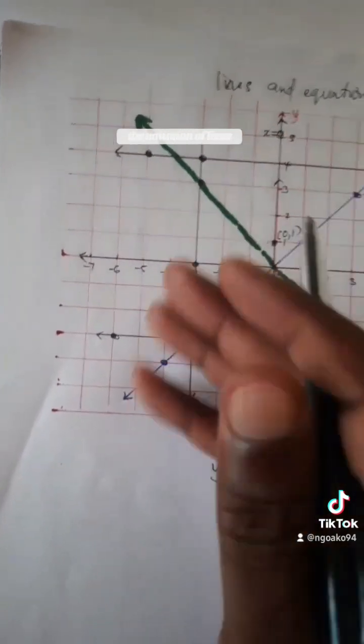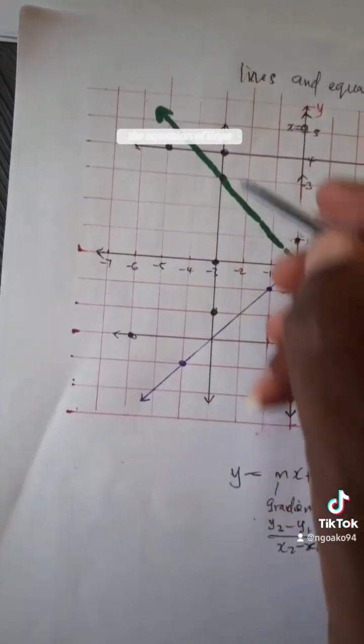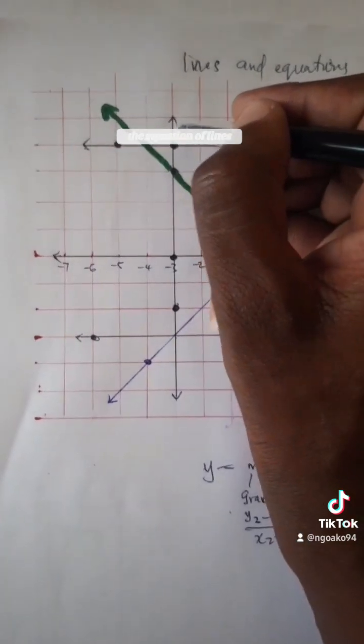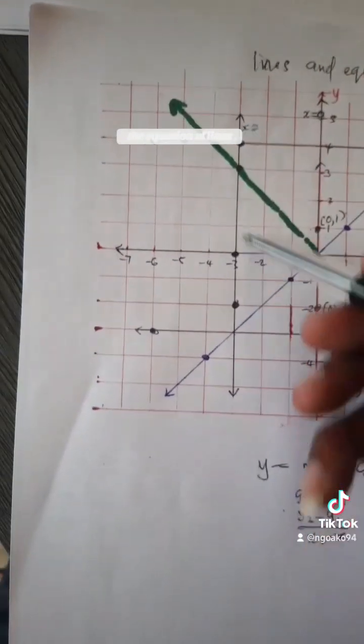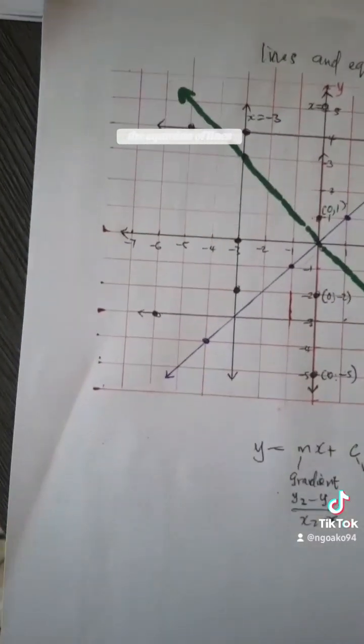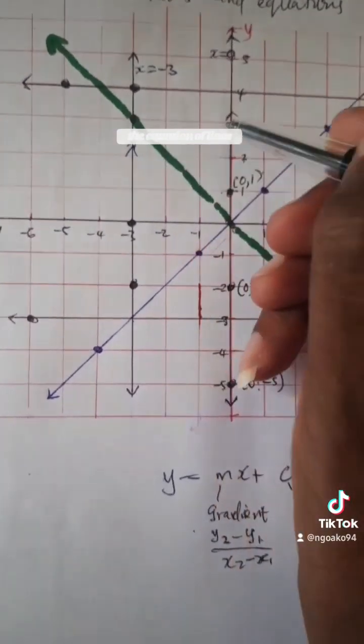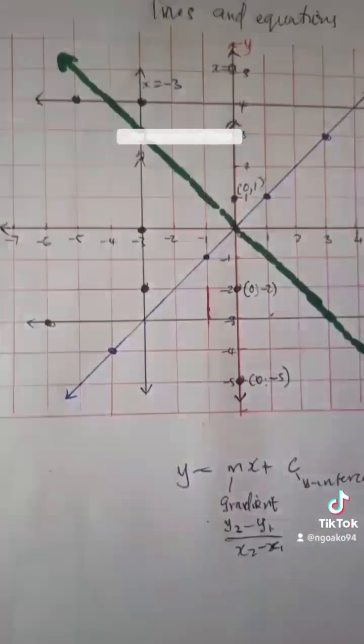Now even the equation of this line, we don't need to do the gradient, as there is no gradient. The equation of this line will simply be x equals minus 3, and that is the equation of that line. Right, then this line is also parallel to this one, and also parallel.